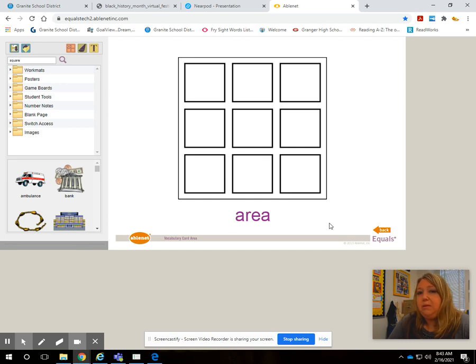a shape might be. Okay, so you've probably heard like when you're doing flooring or you are putting tile into your bathroom, where you might have to fit a bunch of tiles or shapes into a certain area.